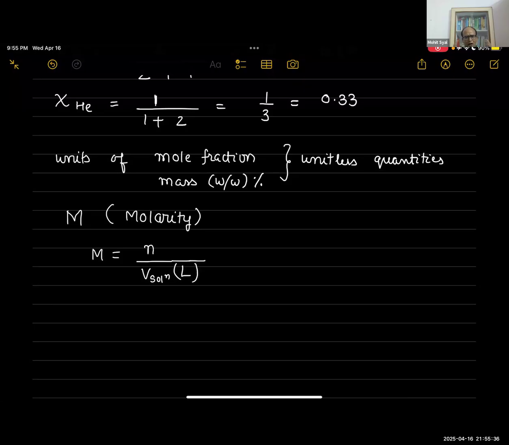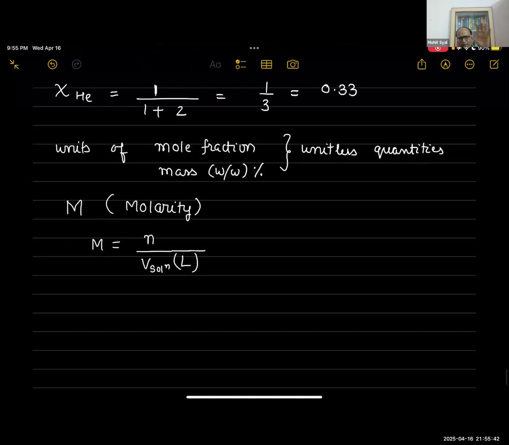Very simple. So per liter, how many moles are dissolved? Suppose you have a 5-liter solution, so you divide the total moles by 5, and per liter you have that. Got it? Its unit is mole per liter, or it can be represented by M also.